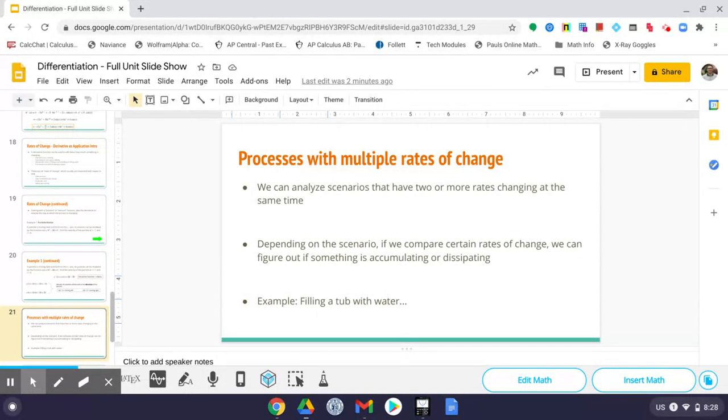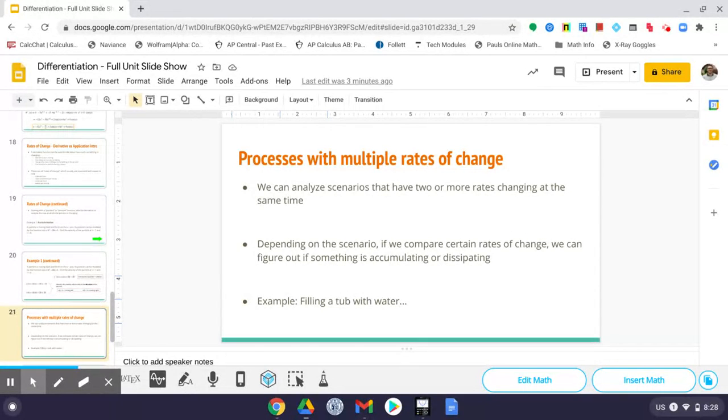So now you've got two rates of change, because how much is the rate at which the wind friction causing the skydiver to slow down, and how much is the rate at which gravity is pulling that skydiver down? How fast are they falling because of that? And how do those two things work together? And so this idea of analyzing a scenario and all the different rates of change that are happening at one time becomes really important for us. And it's a really good application that we can talk about.